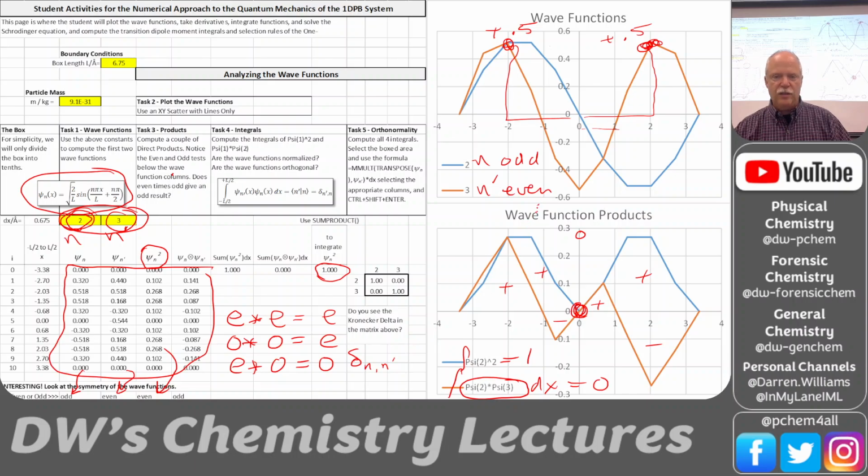This was blue, 2 was odd, so when we multiplied 2 by 2, we ended up with an even function. You see how it's even? It's the same on both sides. Same sign, same magnitude. And then 2 times 3, we have an odd times an even, and we get an odd function. Same magnitude, but opposite sign. And so we see that over here too in your spreadsheet.